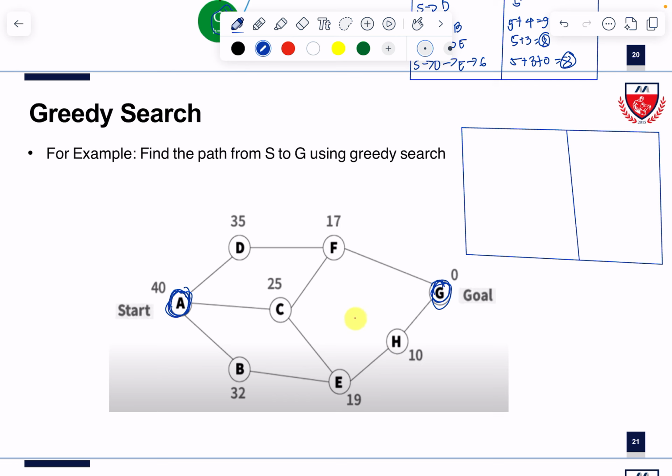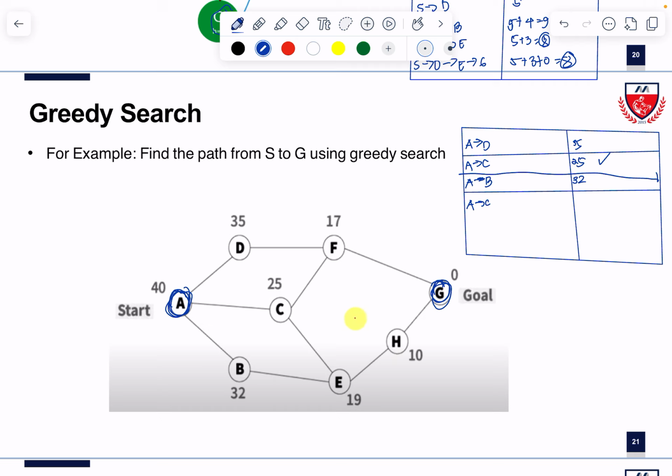First, A to D, that is 35. Then A to C, that is 25, which obviously is the least among the children that A is going to visit. And A to B is 32. So of course, our path here is A to C, since it is shorter than all of the children that it has.